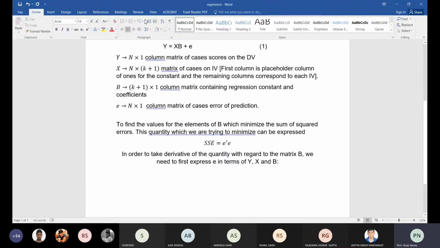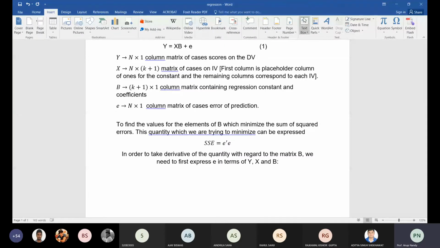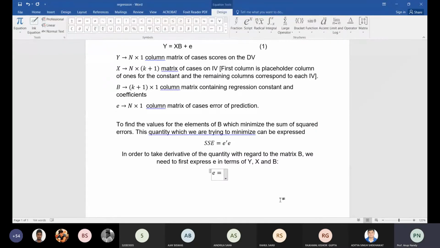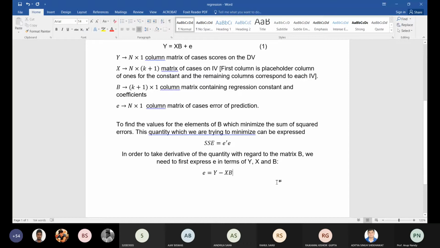That is what you are going to get, you will have E is equal to capital Y minus xb. Okay, I am just rewriting this equation number 1 in this way, E is equal to Y minus xb.